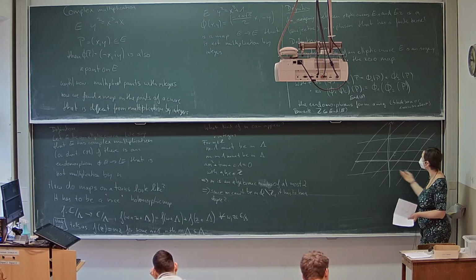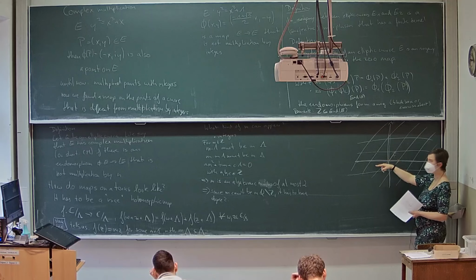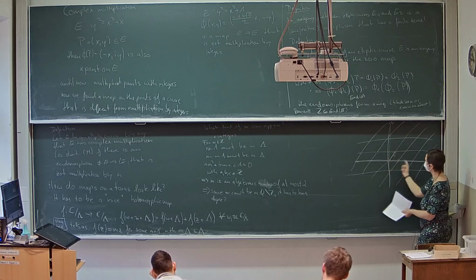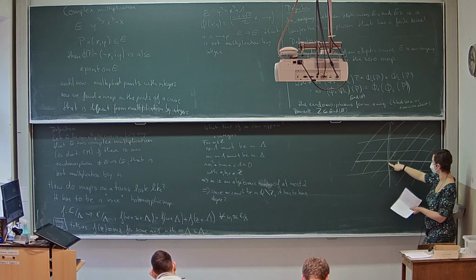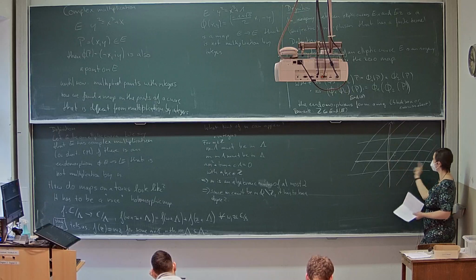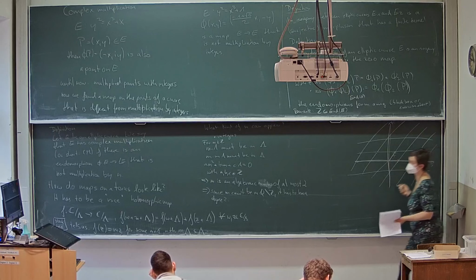So if we multiply by a real number, then we also just move in this direction or this direction, and there only integral multiplication is possible, because otherwise, if we multiply 1 by something that's not an integer, whether it's irrational or not, it will not hit the lattice anymore. So m cannot be a real number.